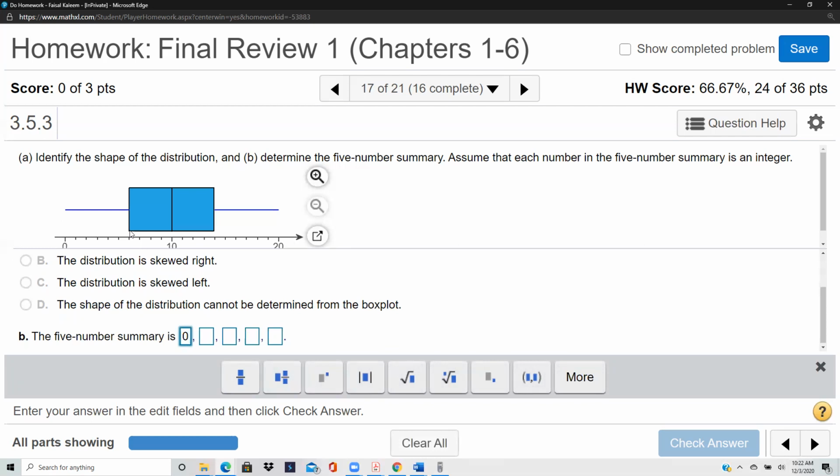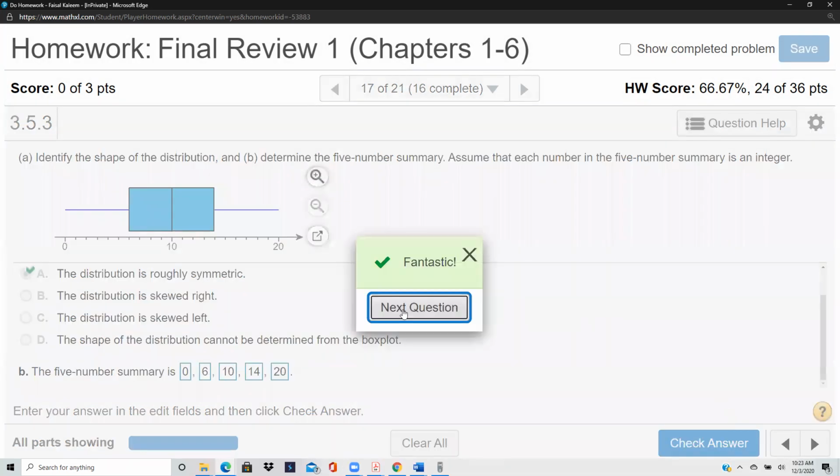And then this one. 6, it looks like. And then 10, 14, and 20.